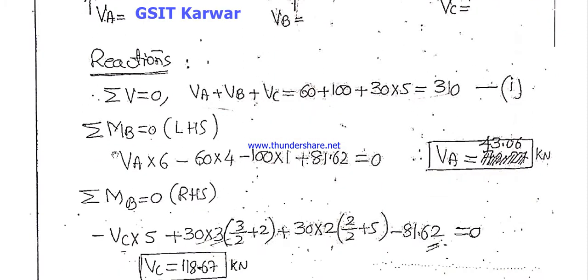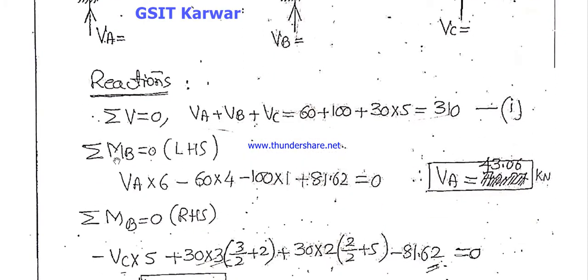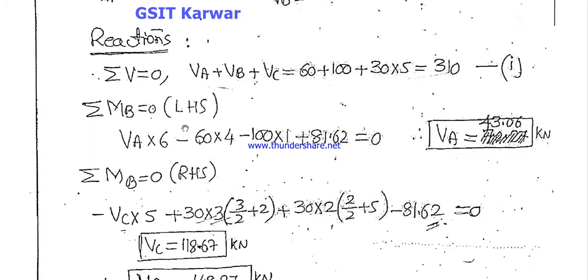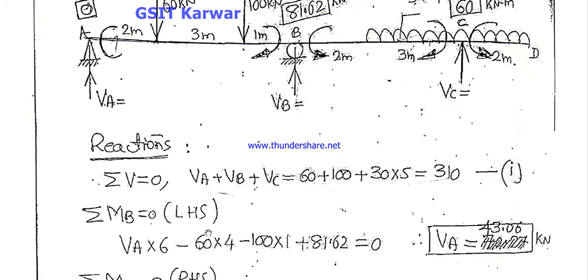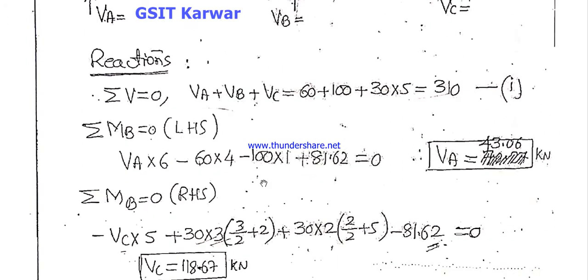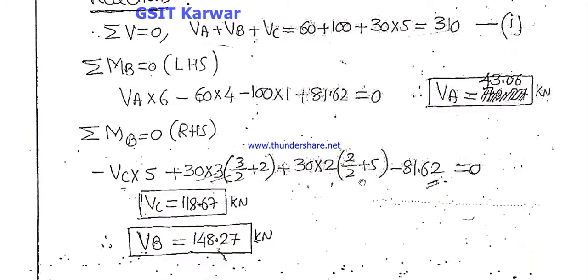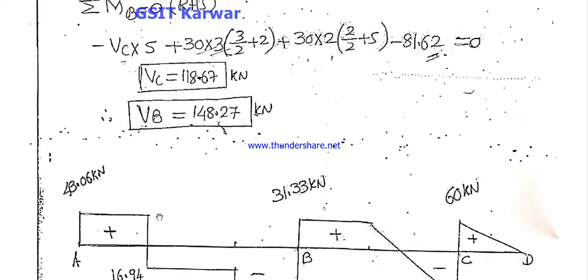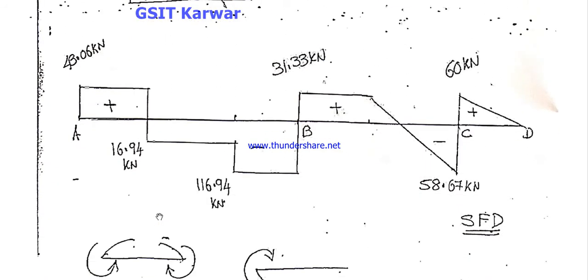Next, take moment at point B and consider the left hand side. Solving this, you get the VA value, and similarly calculate VC and VB. Finally you can draw the shear force diagram like this.